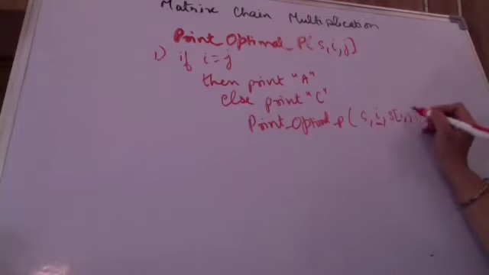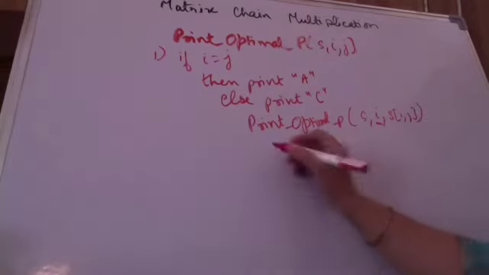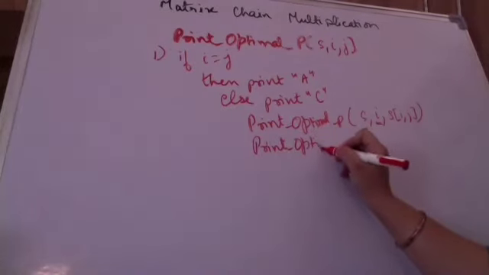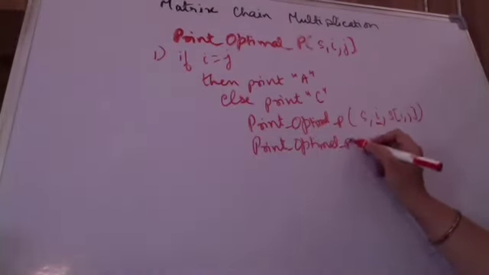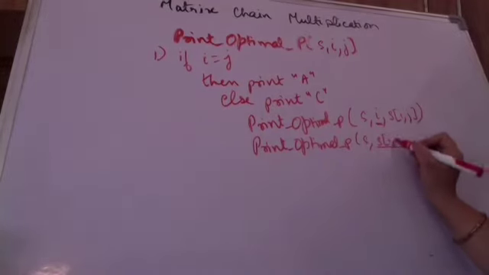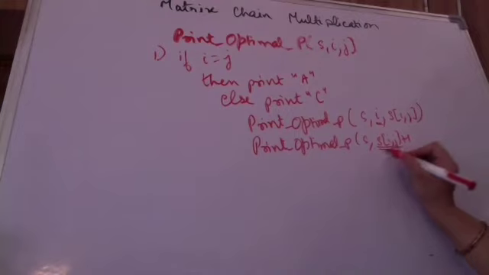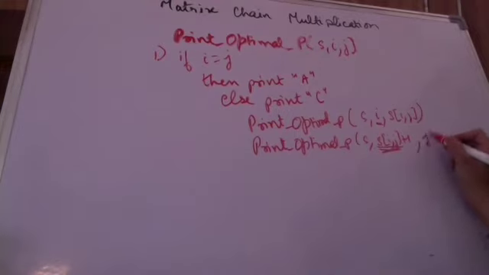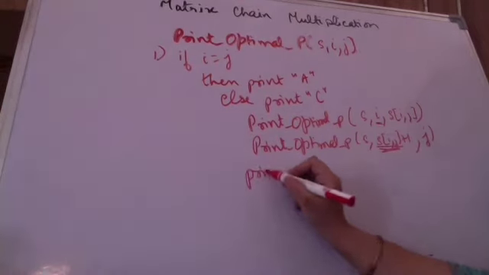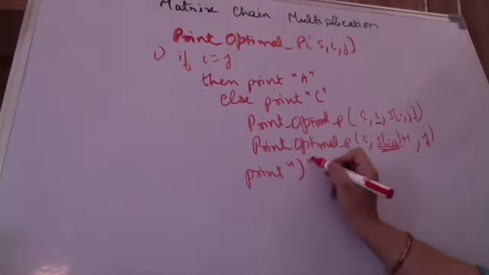S of I comma J से मिलेगी. I'm calling this. I'm again calling for the next half, print optimal. ये भी रिकर्सिवली ही प्रिंट कर रहे हैं हम. S से K plus 1 से J तक. This is representing K plus 1 till J. I'm printing this. ये प्रिंट करने के बाद print the closing parenthesis.